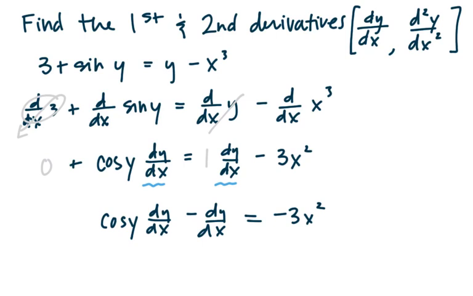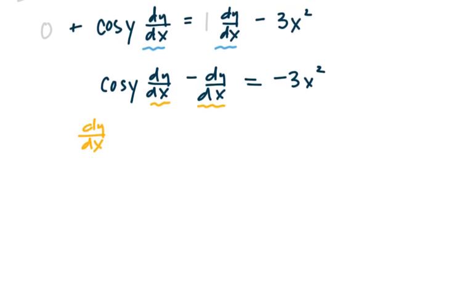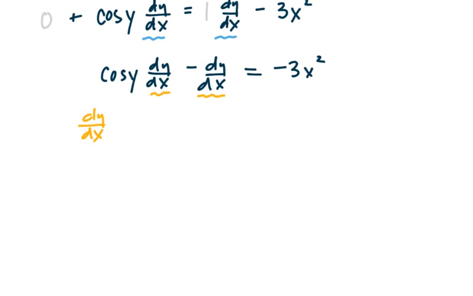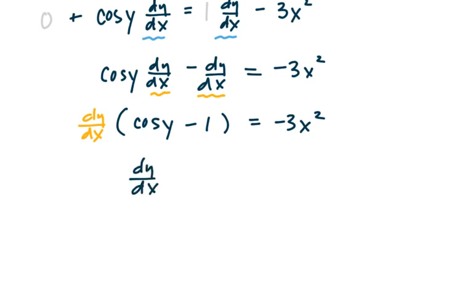So I moved one term over. I'll factor that GCF out. dy dx times cosine y minus 1 equals negative 3x squared. And don't forget about that 1 there. So dy dx is negative 3x squared over cosine y minus 1.